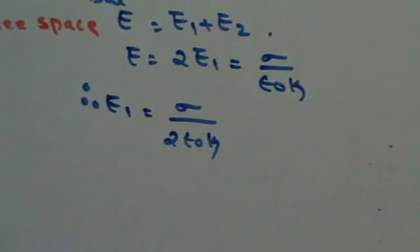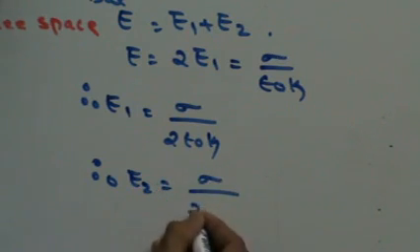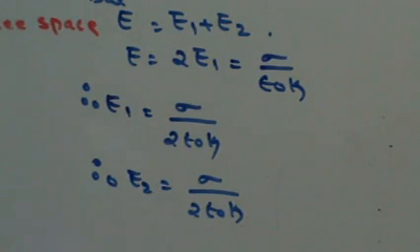I'm taking 2 in the denominator. If E1 is this, therefore E2 will also be equal to sigma upon 2 epsilon 0 k. Right? Now, that means this is going to be my electric intensity E1 and E2.